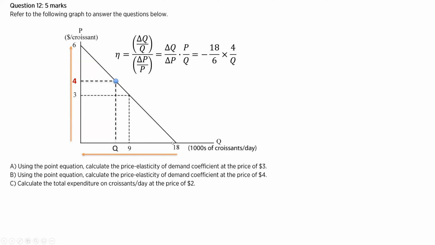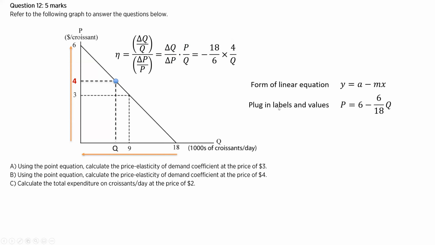The way we can work it out is we can immediately recognize this is a straight line. So we've got the form of a linear equation. It's always going to be y, the y variable on the vertical axis, equals a, where a is the vertical intercept, which is 6, minus m, the slope, since it's a negative slope, downward sloping, multiplied by the value of x on the horizontal axis.